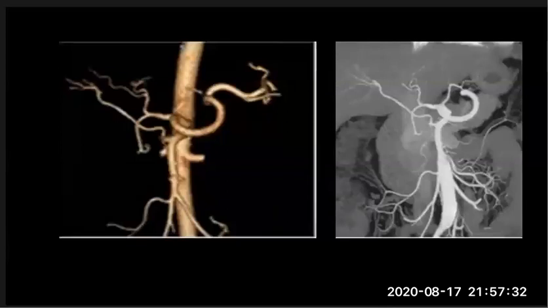This patient is for liver transplant, and this is the donor angiogram before the operation. What is the finding here?